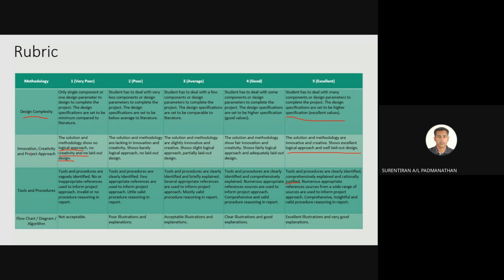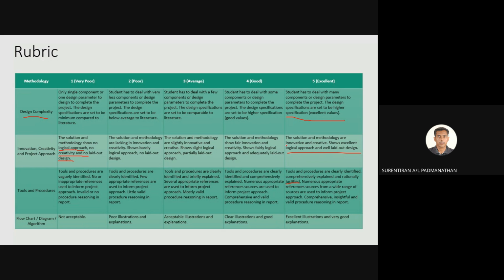How about innovation? Innovation, creativity, and project approach. For the very poor state, the solution and methodology show no logical approach, no creativity and no layout design. For excellent, the solution and methodology are innovative and creative. You have to make sure that the solution and the methodology you give are innovative, because that's where you have to prove your improvements.